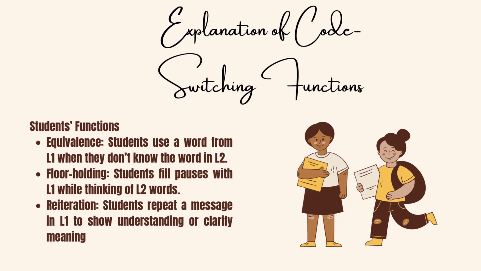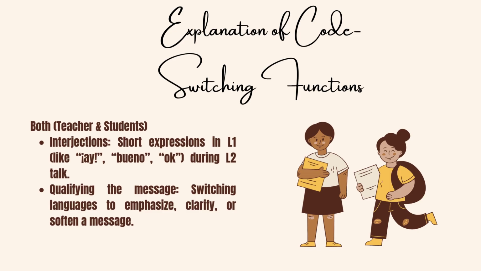And the second one is reiteration. This means that the students repeat the idea in Spanish. For example, he's hungry. Él tiene hambre. This confirms that they understood the meaning of what they are saying. And also, there are functions for both teacher and students. For example, the interjections, which are short words like, okay, muy bien, let's continue.